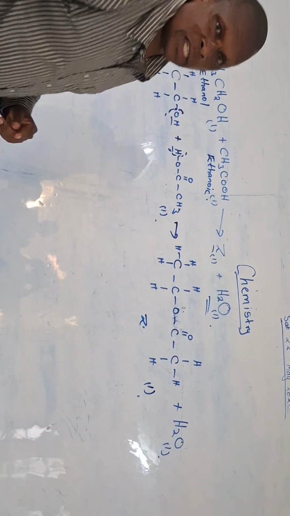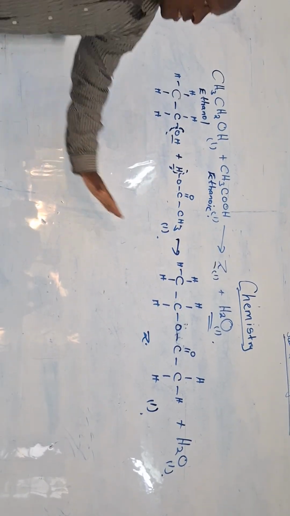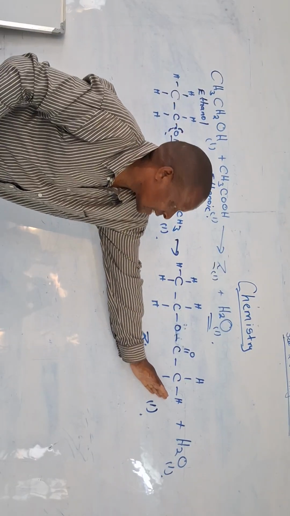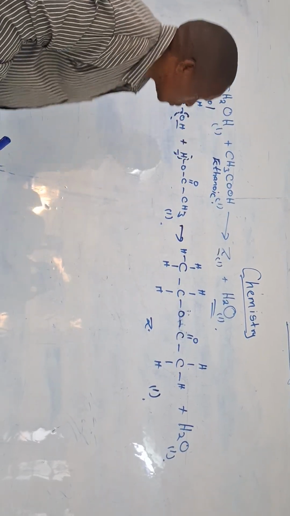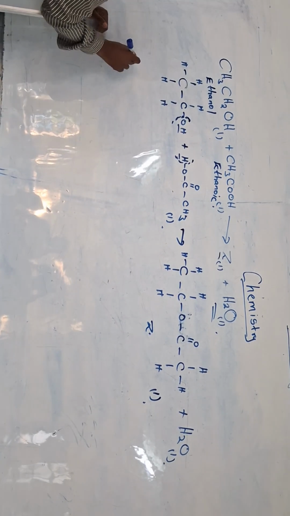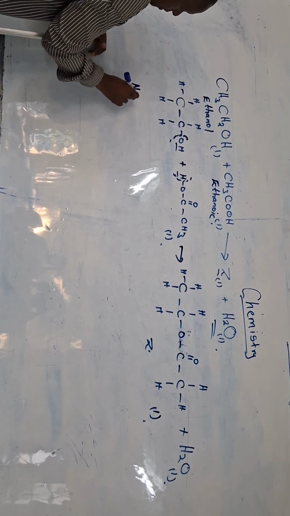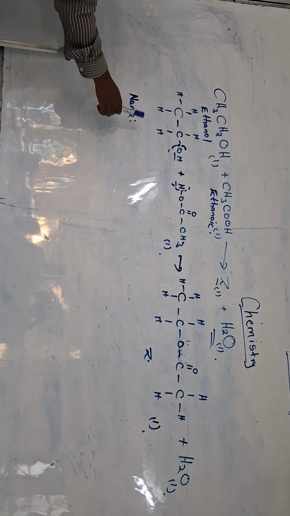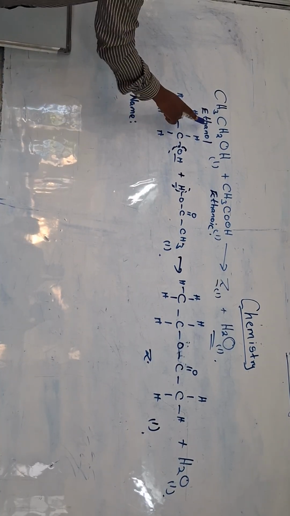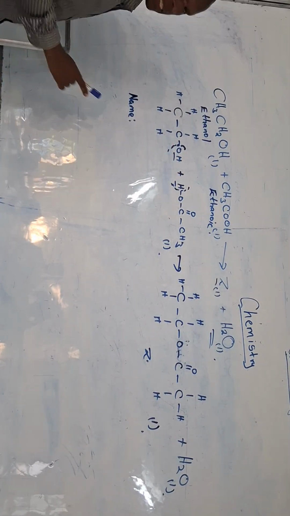So you are asked to draw the structure of product Z. It is this way. You can start from this end coming this way, or you can start from this other end going that way. So what is the name of product Z? The name of product Z will be from the name of the alcohol and the alkanoic acid.